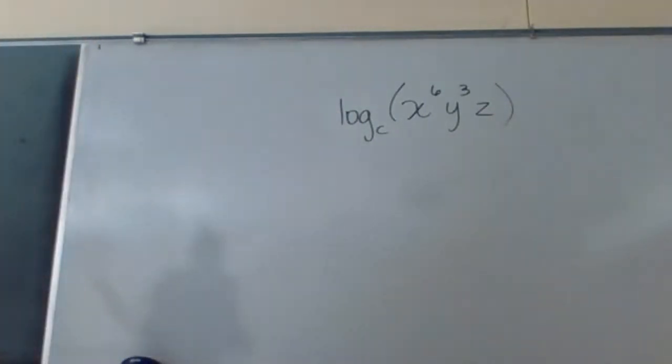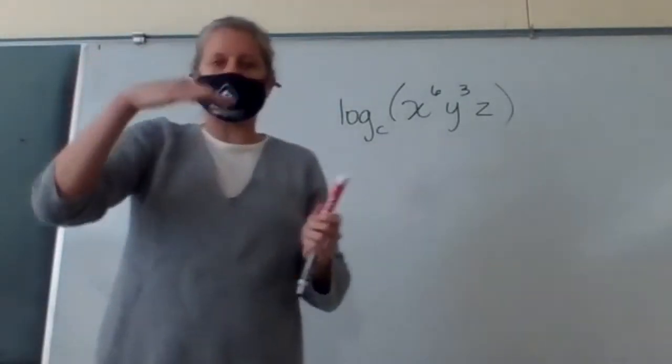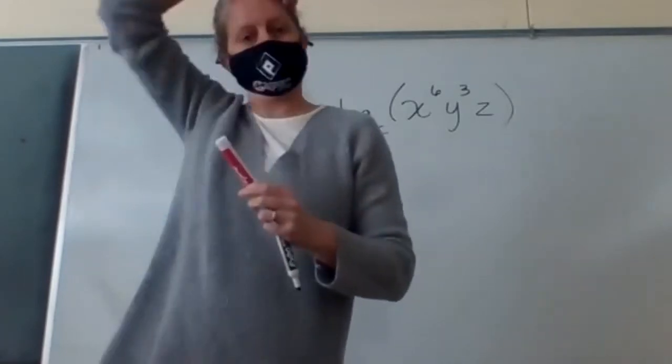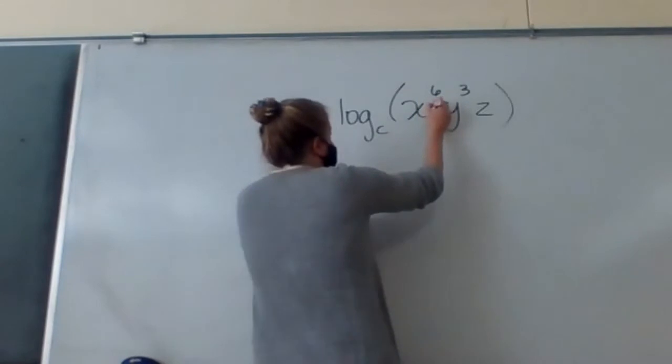And it says to write this as a sum or difference of logarithms. So let's see. You don't have a difference unless you have a fraction, right? Something over something. So there's not going to be rewritten as a difference.